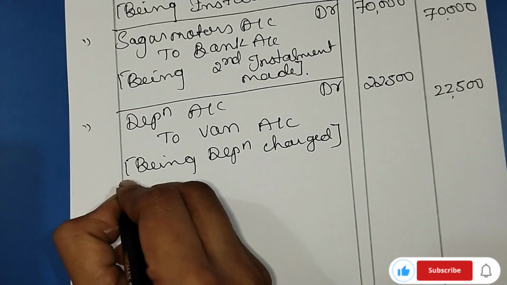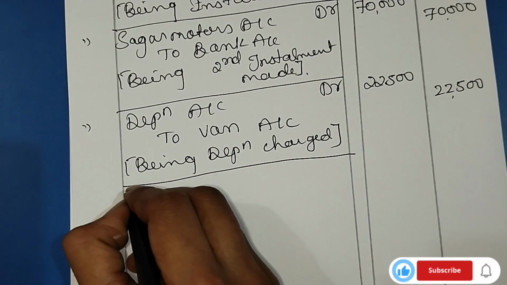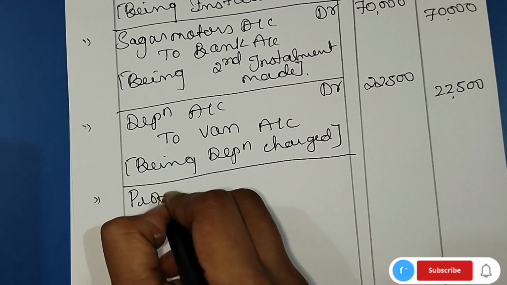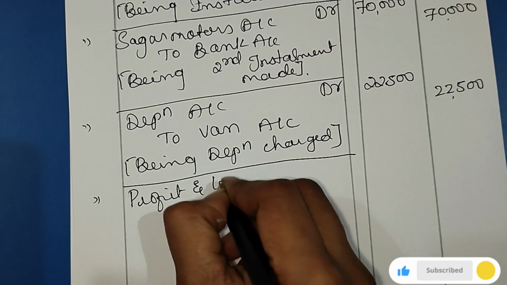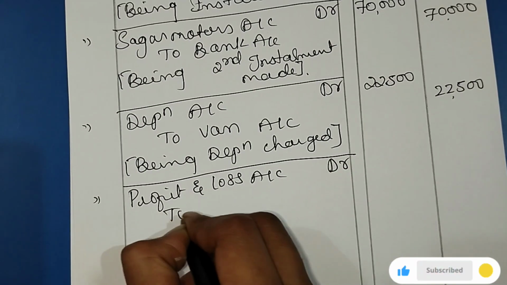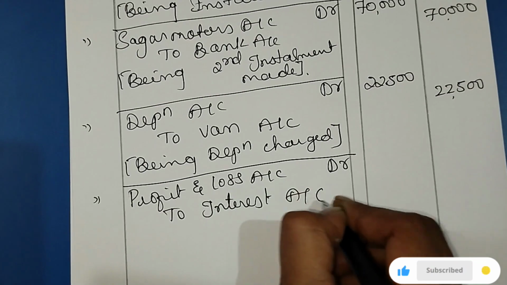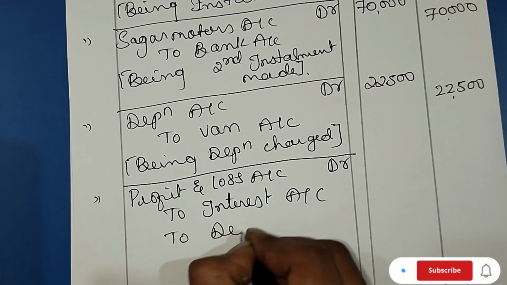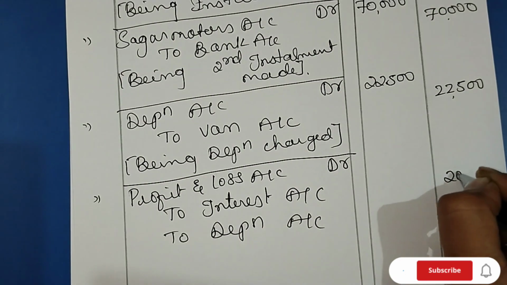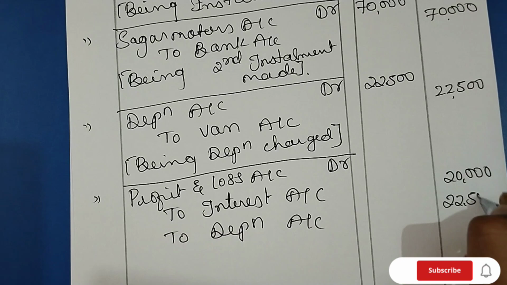Now we are transferring depreciation and interest to profit and loss account. Profit and loss account debit to interest account, to depreciation account. Interest for the second year is 20,000 and second year depreciation is 22,500.